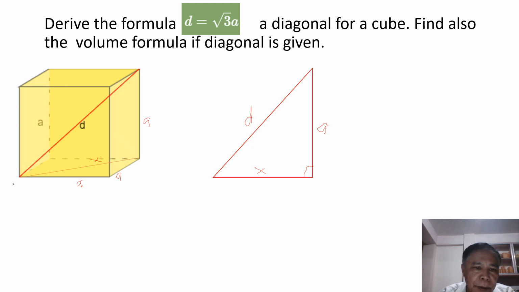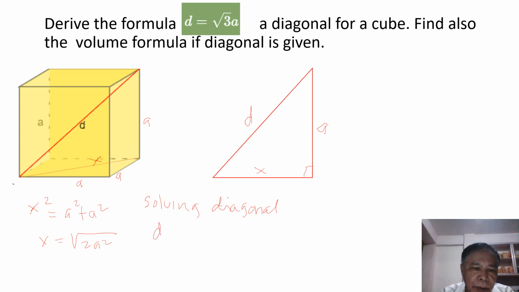By the Pythagorean theorem, x squared is equal to a squared plus a squared. So your x would be simply the square root of 2a squared. So solving the diagonal is simply the Pythagorean theorem.